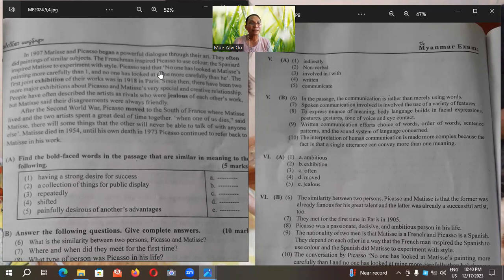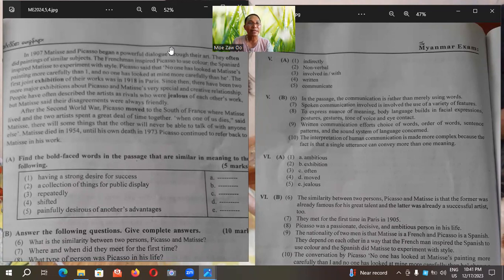The Spaniard inspired Matisse to experiment with style. Picasso said that no one has looked at Matisse's paintings more carefully than I, and no one has looked at mine more carefully than he.